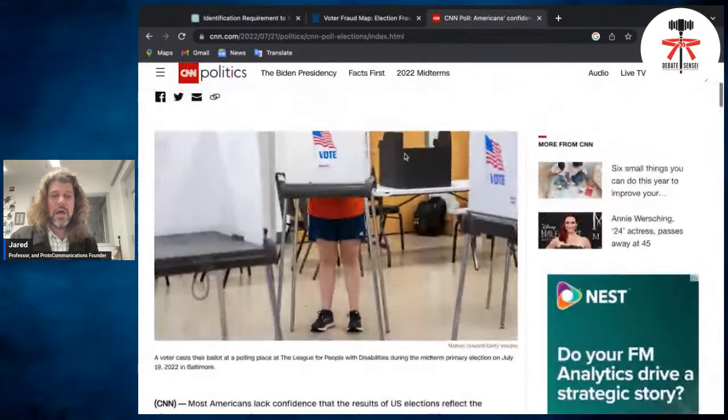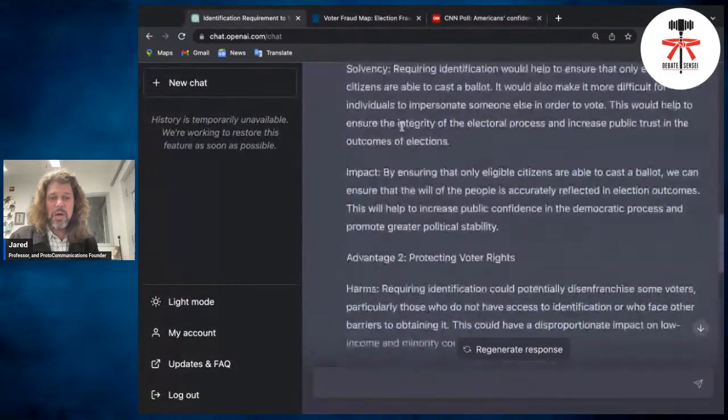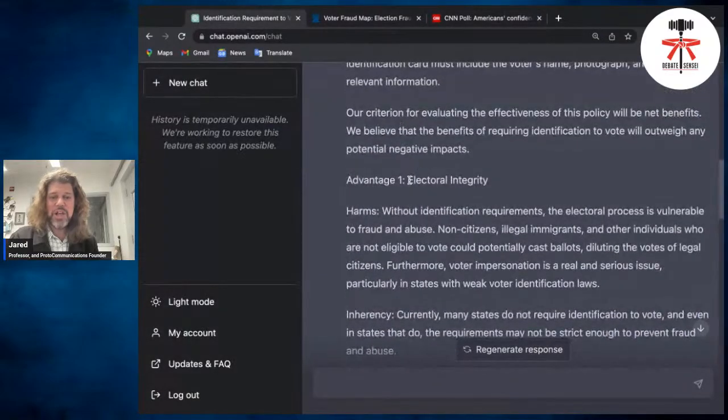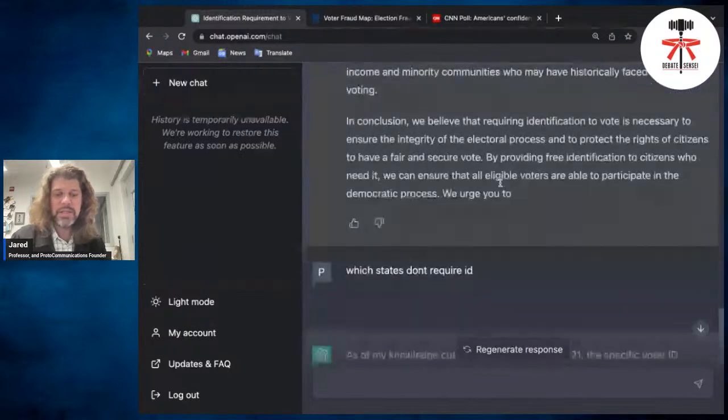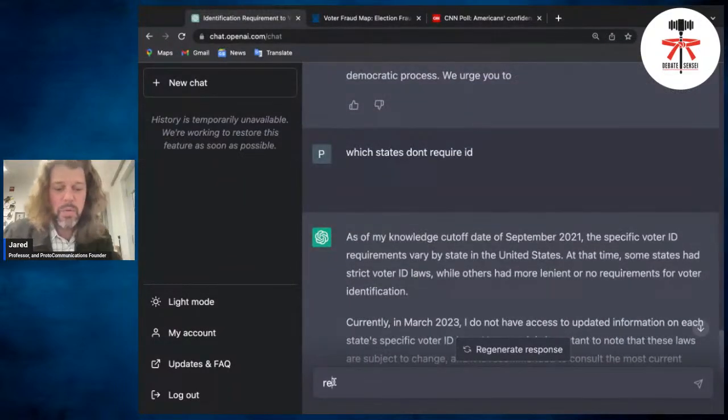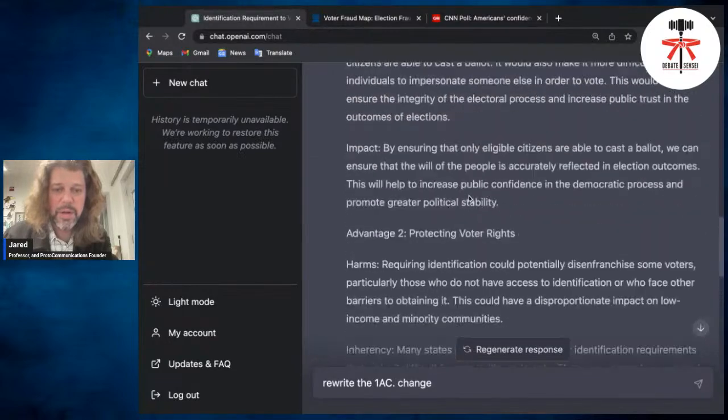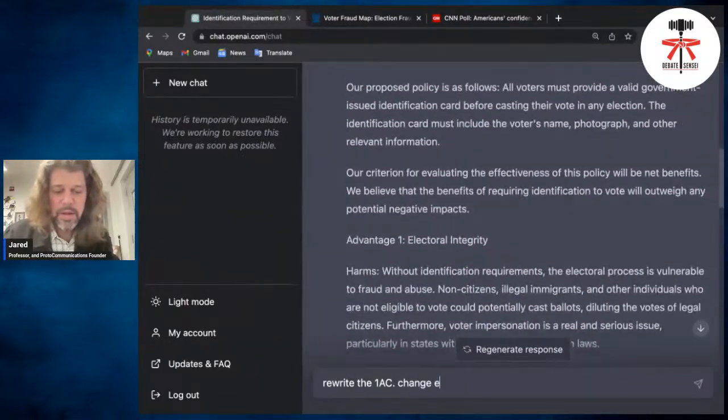So I'm not taking this. I would change the electoral integrity. So let's do that. Rewrite the 1AC. Change electoral integrity to voter confidence.